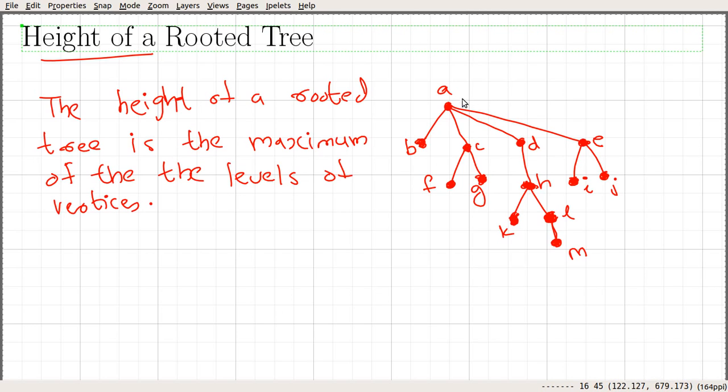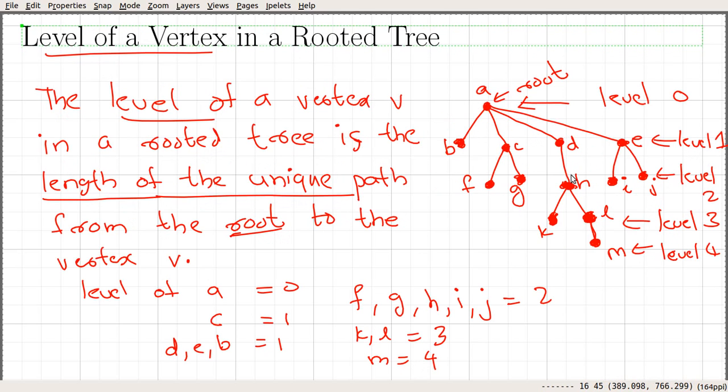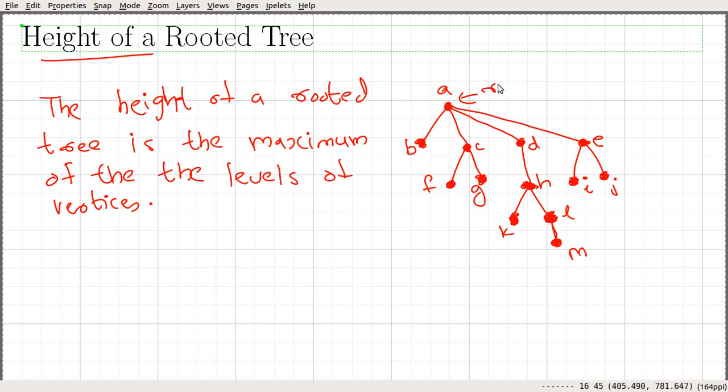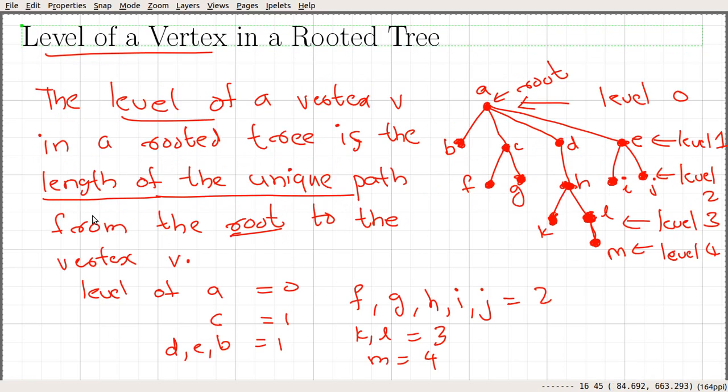For example, let's consider this tree, the same tree that we considered here, and A is the root. The height of a rooted tree is the maximum of the levels of vertices. Here we have all these vertices and the levels are 0, 1, 1, 2, 3 and 4.